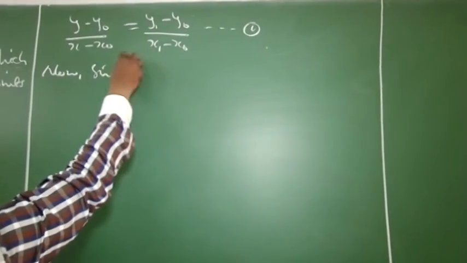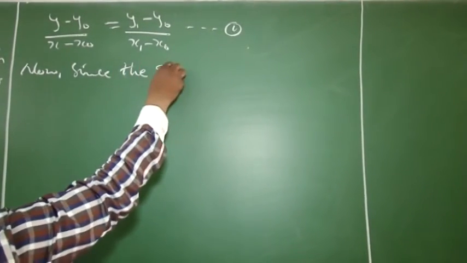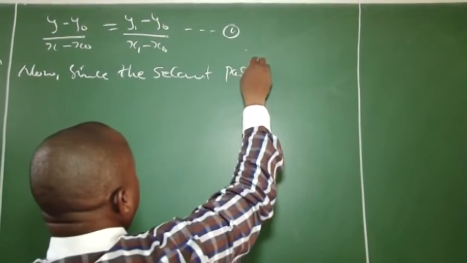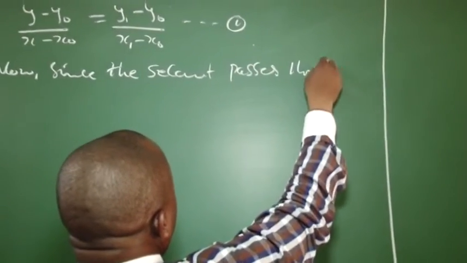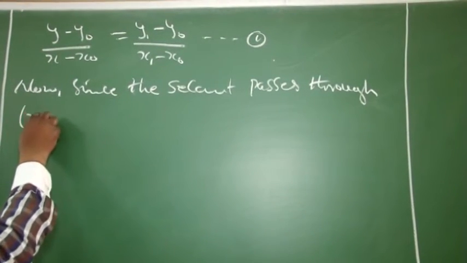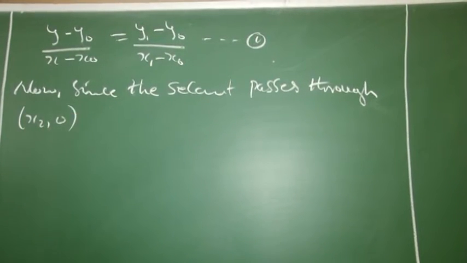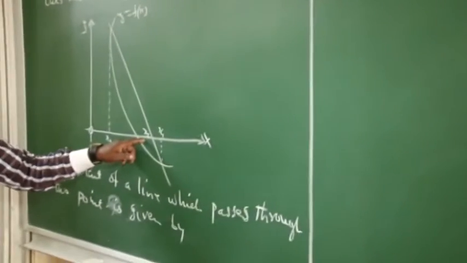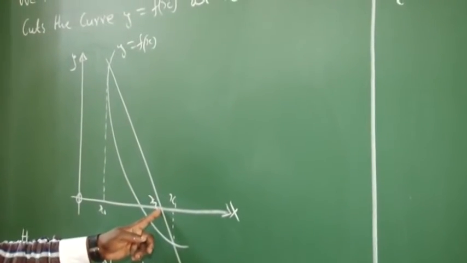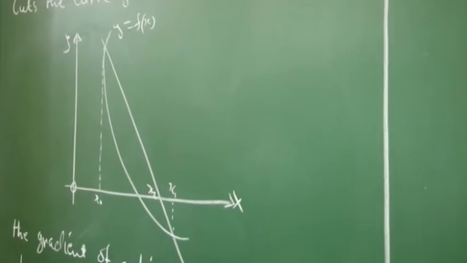since the secant passes through x2 and 0, that is from the graph, you see that this is where the line cuts the x-axis at x2 and 0.